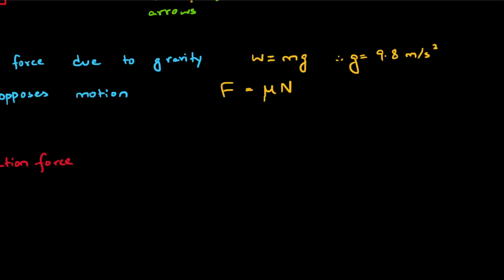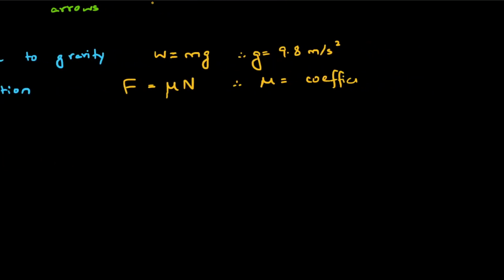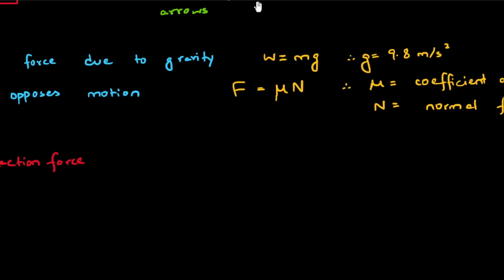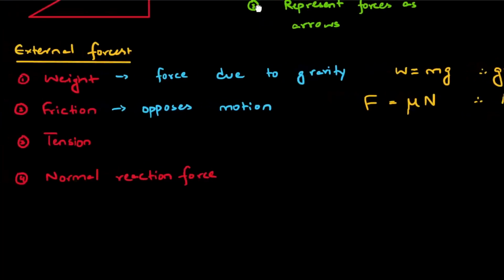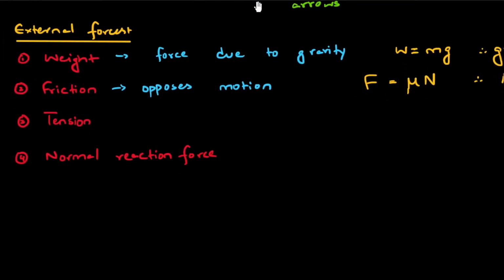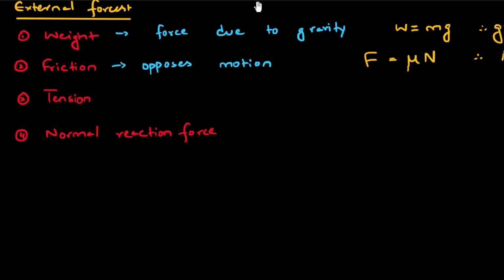Here you have two important terms. μ represents the coefficient of friction, which depends on the surface on which the object has been placed, whereas capital N represents the normal force, which we will get to in just a little bit. The magnitude of this friction force tells us how much opposition there is to the motion of an object.